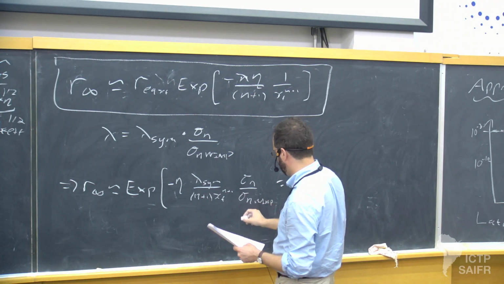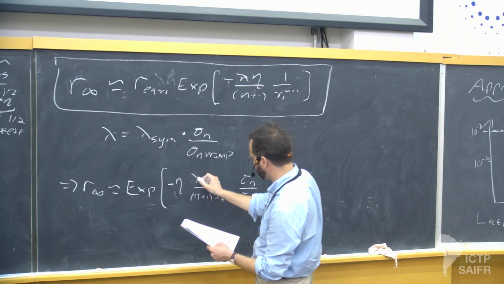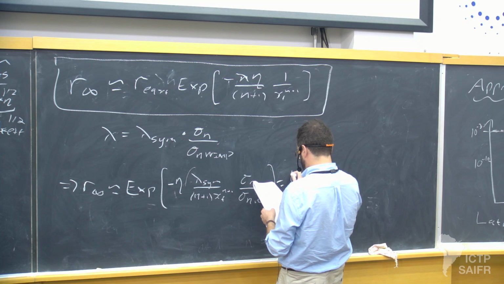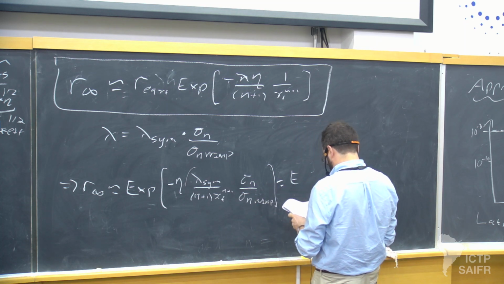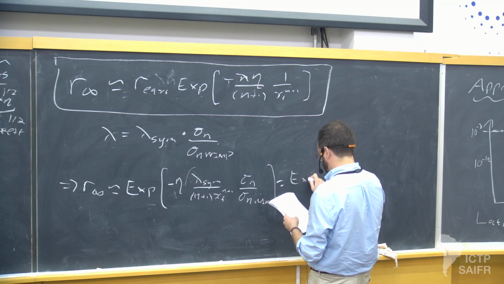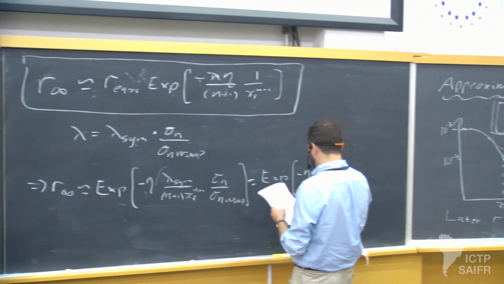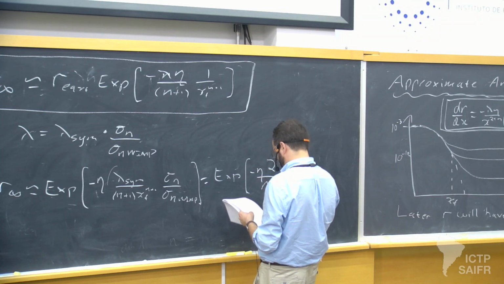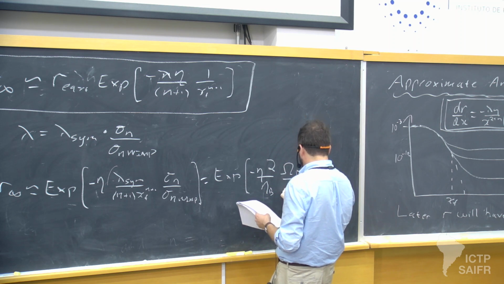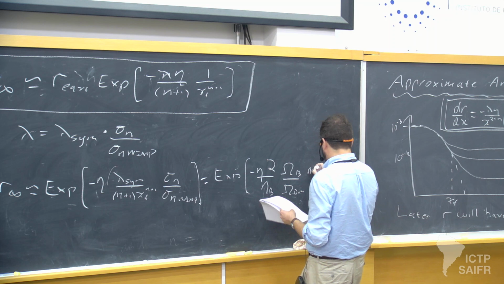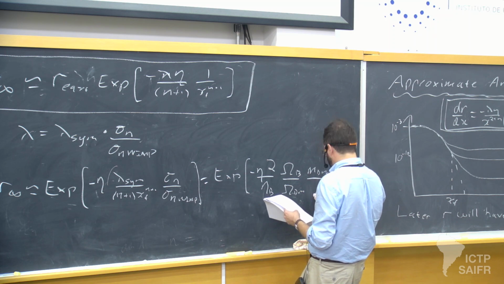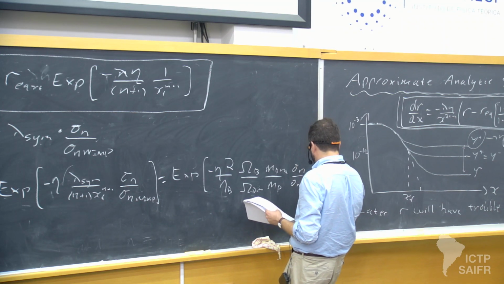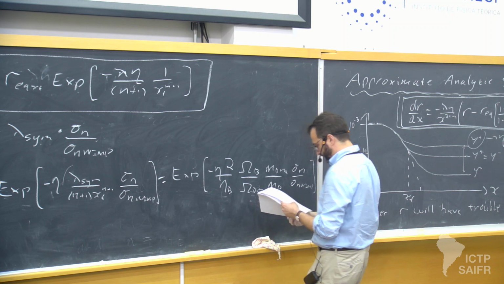But this combination here, you can use what's on the other board to find that this is equal to exponential negative eta over 2 eta b, omega b over omega dark matter, m dark matter over proton mass, sigma v over sigma v WIMP. Okay?